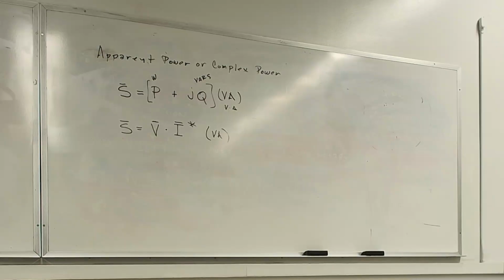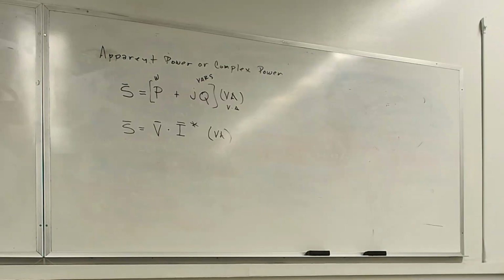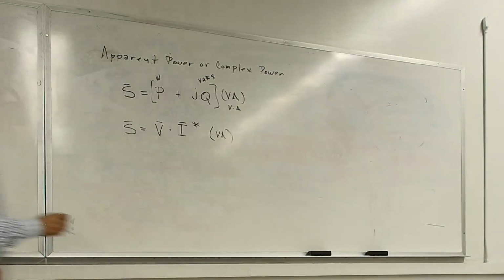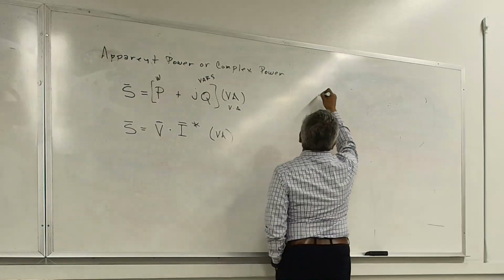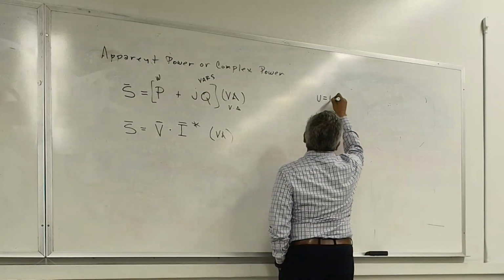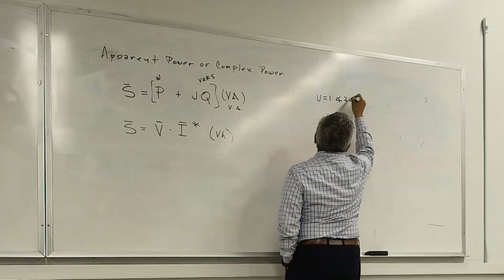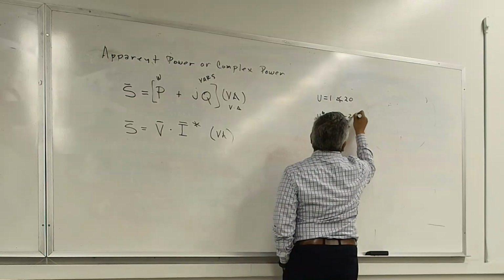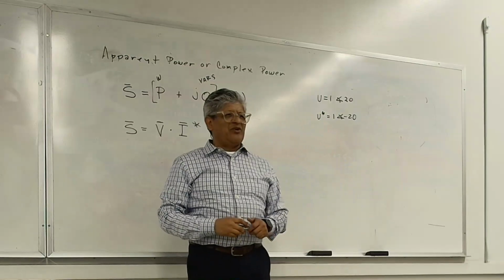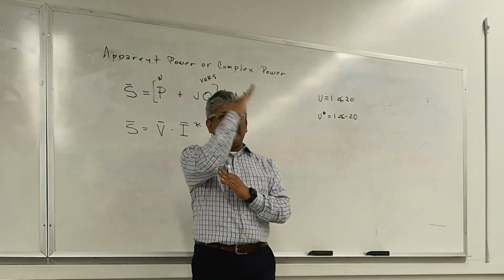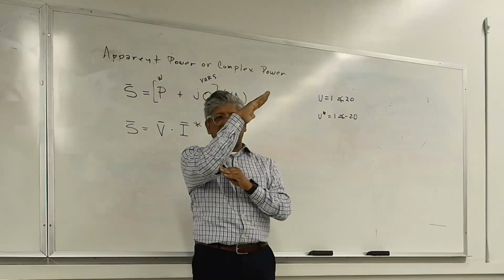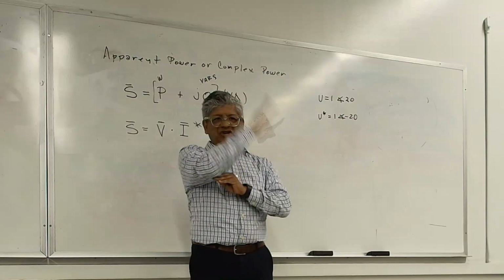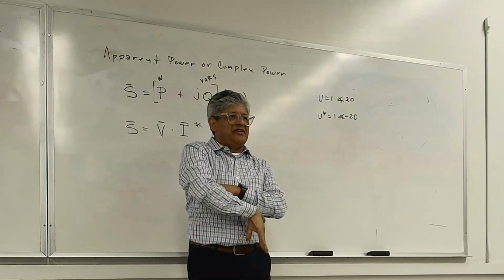Yes, sir. What is the asterisk for? Conjugate. Remember, if I have a unit phasor of 1 angle 20, its conjugate is equal to 1 angle minus 20. You remember the conjugate? It's just telling me that if I have a positive angle, the magnitude doesn't change; what changes is the sign of the angle.